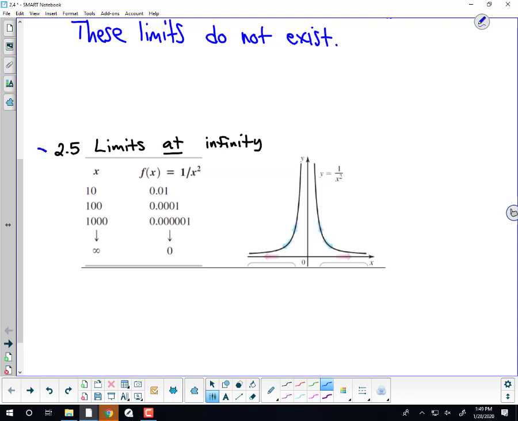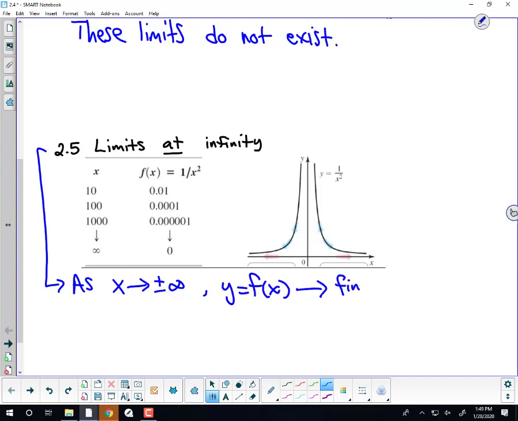So we're saying that these limits illustrate the fact that as x approaches positive or negative infinity, again, meaning x is growing arbitrarily large in the positive or the negative direction, y or f of x approaches a finite number. That's a limit at infinity because x is approaching infinity.